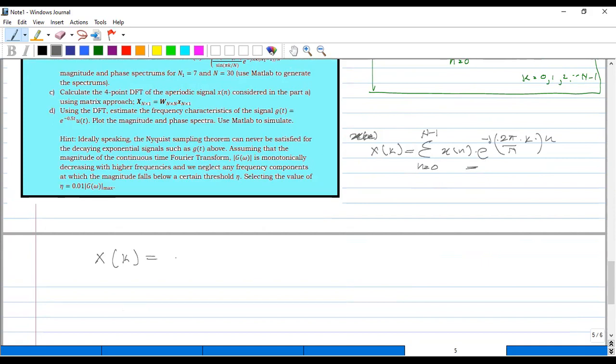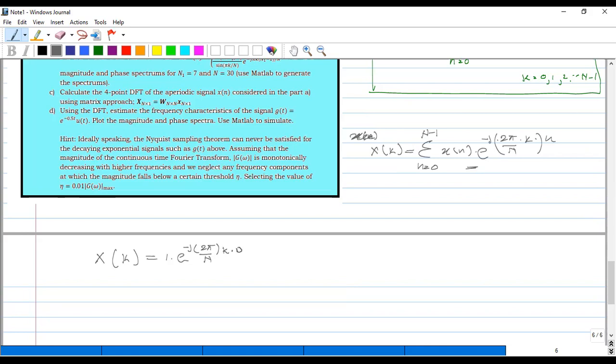So you will have 1 here, e to the power minus j 2π by N n k.